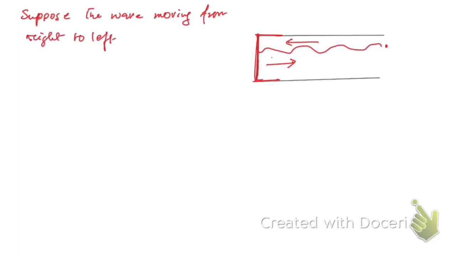Right. So let me consider that the wave moving from right to left is given by, suppose, s1(x, t) = s sine(omega t minus kx).